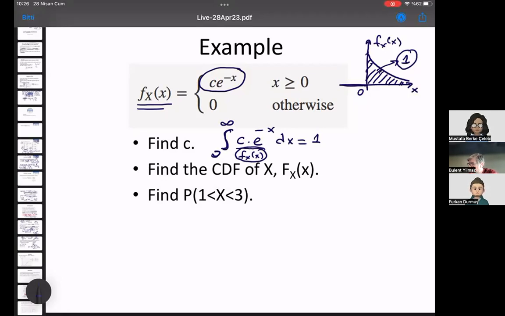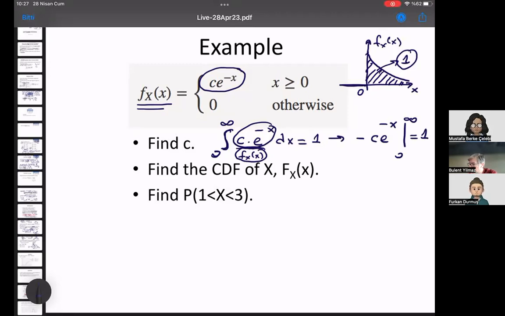So I'm going to find the integral. It is minus c e to the power minus x from 0 to infinity. The integral of e to the power minus x is minus e to the power minus x, and c is going to be here, and it should be equal to 1.